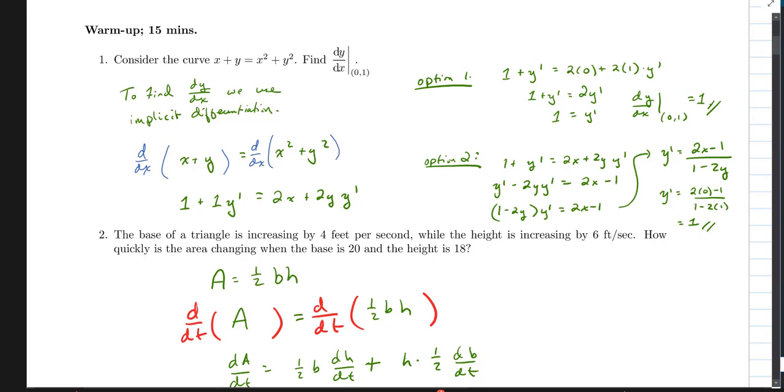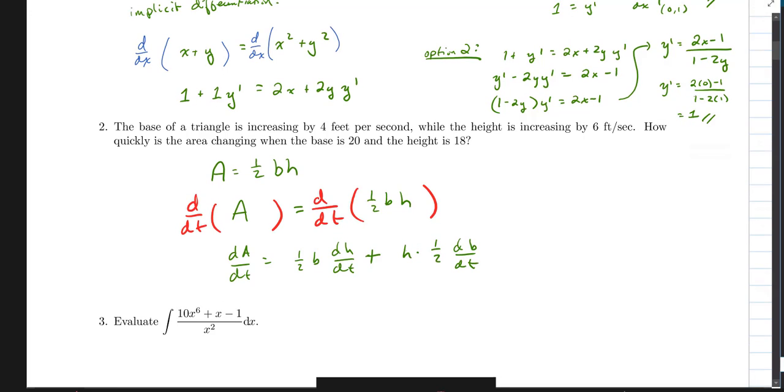This isn't some sort of new technique. The only difference is we're taking the derivative with respect to time instead of x. We're asking, as time changes, how does the area change? And we're asking, as time changes, how does the product of b and h and 1/2 change?